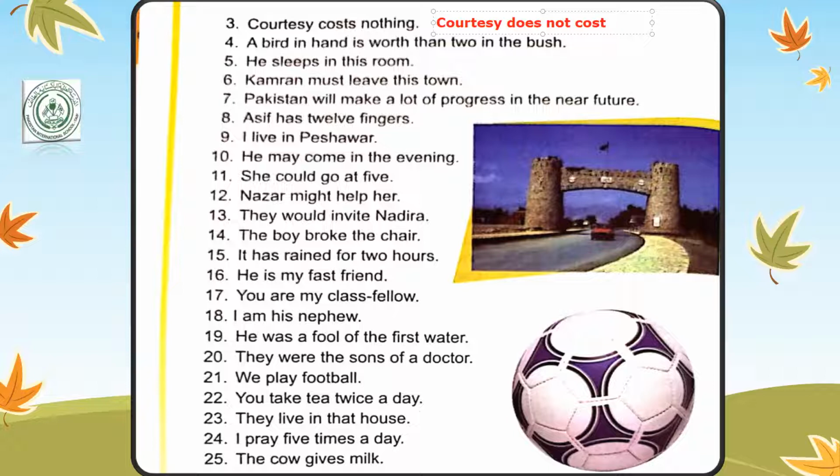Because we will add does, so we will remove the s of cost. Does not cost nothing. Here you can say the full form, like does not. But if you want to change this into short form, how will you write?